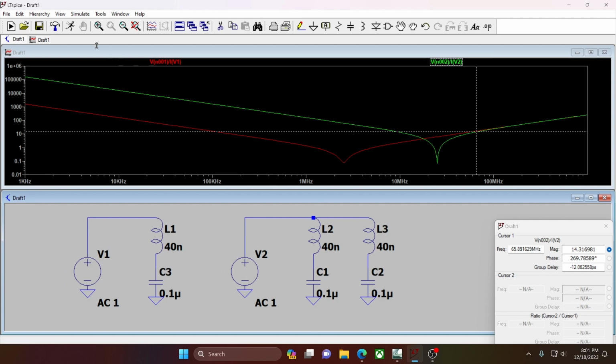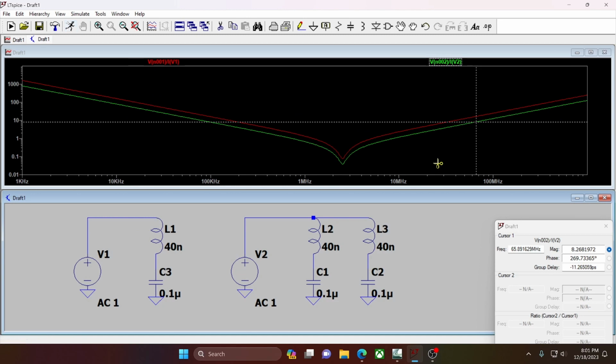Let's see what happens when these two are in parallel. Run! All the things are lower. Makes sense to me. These are in parallel, so that goes under. These are in parallel, so these go up. So, half the inductance, twice the capacitance. Alright, makes sense to me.